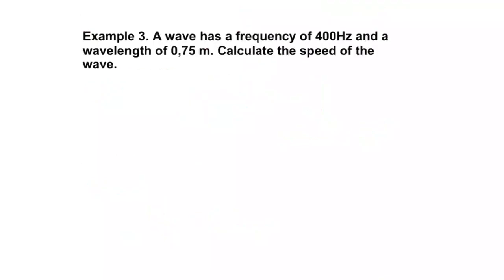In example 3, a wave has a frequency of 400 hertz and a wavelength of 0.75 meters. Calculate the speed of the wave. Well, it's pretty much straightforward. Again, we have the frequency, we have the wavelength, we're looking for the wave speed.